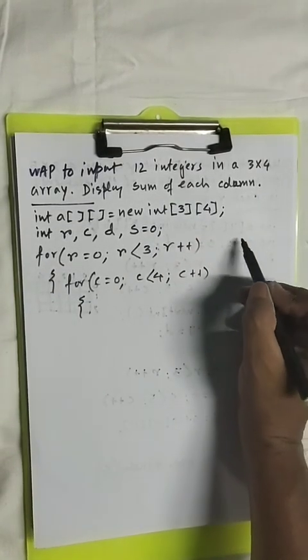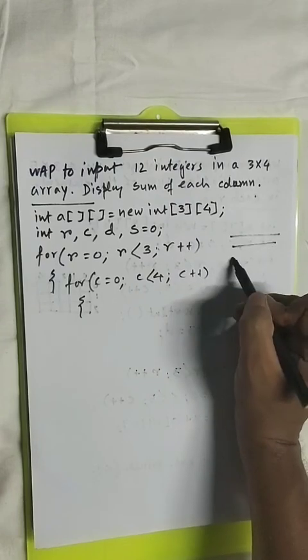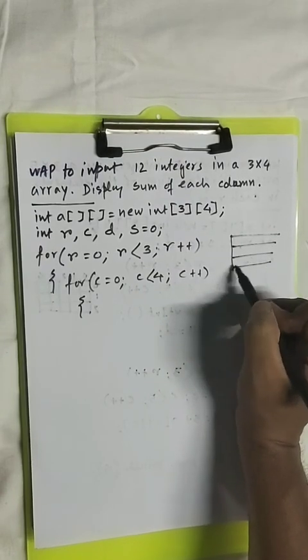This will create an array with 3 rows and 4 columns.